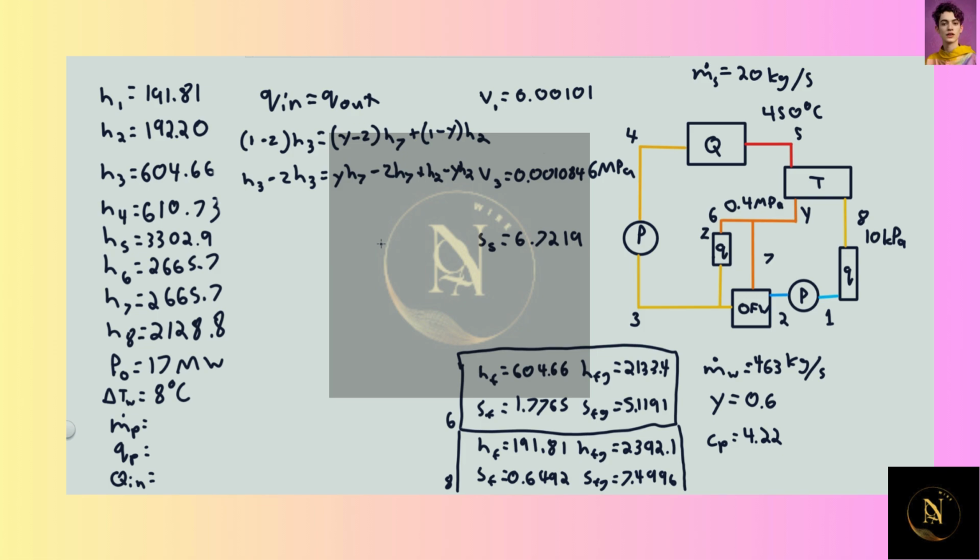Okay, now we can separate these by their letters. We obviously want to isolate Z, so I'll move this Z H7 over here, move the H3 over there.